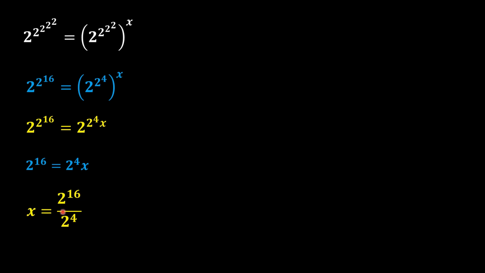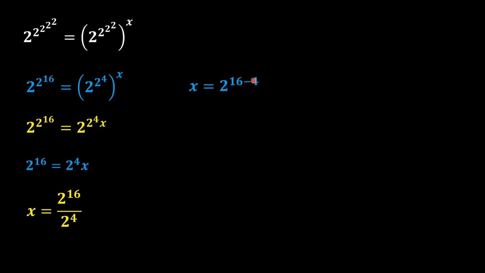And we can see that these two powers have the same base, so this expression can be written as x is equal to 2 to the power 16 minus 4, because this 2 to the power 4 will move from denominator to numerator, and it will convert into minus 4. 2 to the power minus 4, and when both bases are equal, then their powers add together.